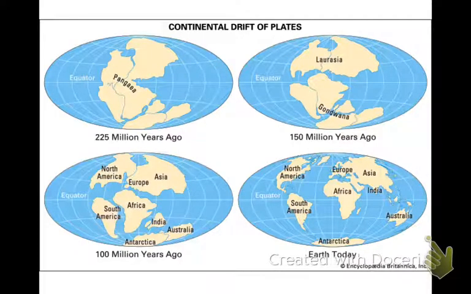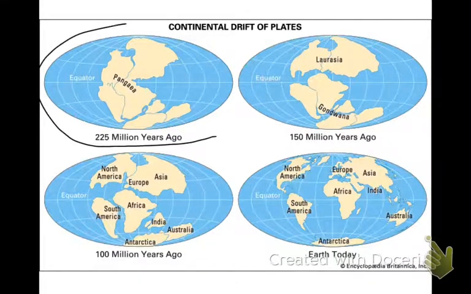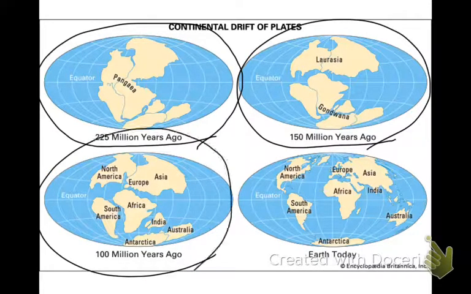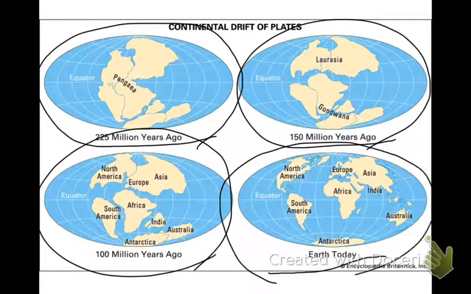So 225 million years ago we existed on the earth as Pangea. Okay, and then slowly the plates drifted. Then we had Gondwanaland, then we had the different Americas and the different continents, and then you have the earth as it is now.